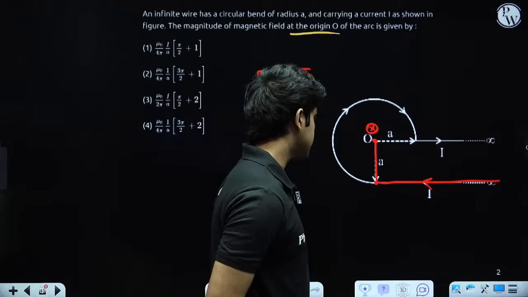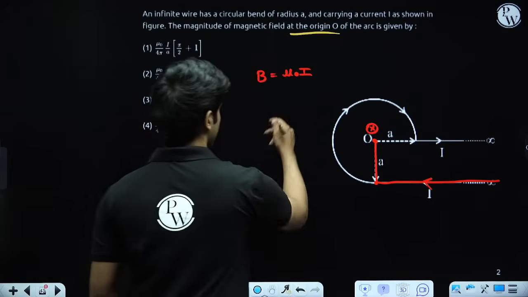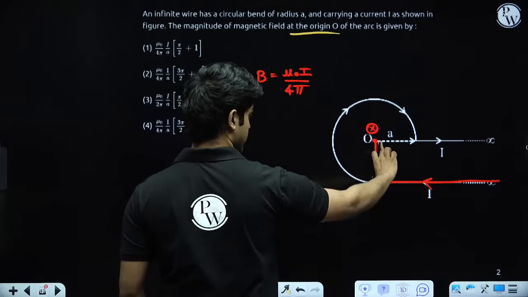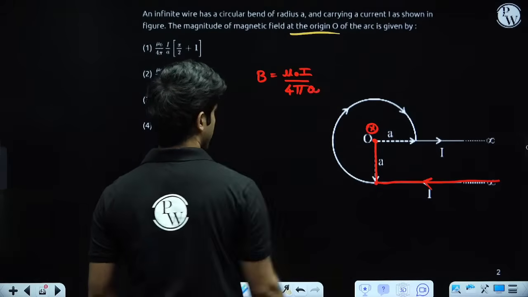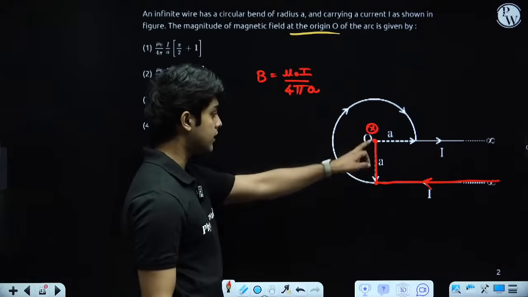So one angle is 0, one angle is 90. So it will be mu naught I by 4 pi a, with perpendicular distance a. This is the magnetic field due to this semi-infinite wire at the point O.